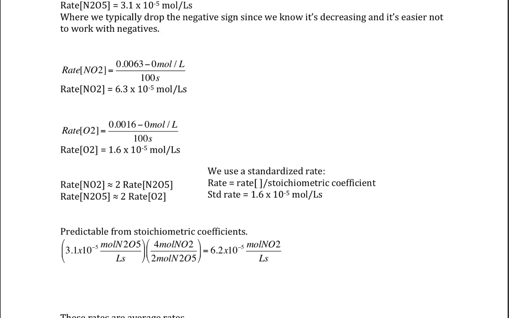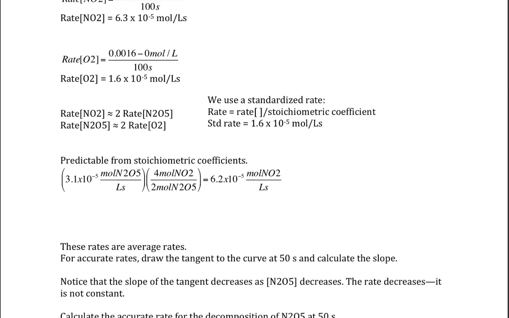We put the rate of the one we have, we put the mole ratio between the ones we're going from and to, so we have the 4 moles of NO2 over 2 moles of N2O5. Notice the moles of the N2O5 cancels out, and we are multiplying by 2, and we get the 6.2 times 10 to the minus 5 moles per liter second, which is about the 6.3 times 10 to the minus 5 that we calculated from the data.